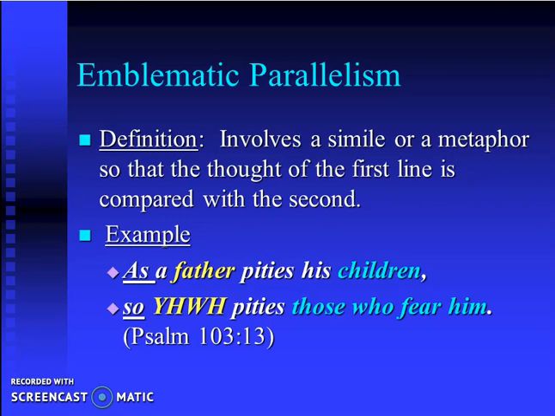That would be synonymous parallelism. But it does compare the things said in the first line of poetry with the things said in the second line of poetry. So just as a father will have compassion on his children, so Yahweh, who's like a father, will have compassion on those who fear him. Those who fear the Lord are like his children. And so it involves a simile or a metaphor, and therefore it is called emblematic parallelism.